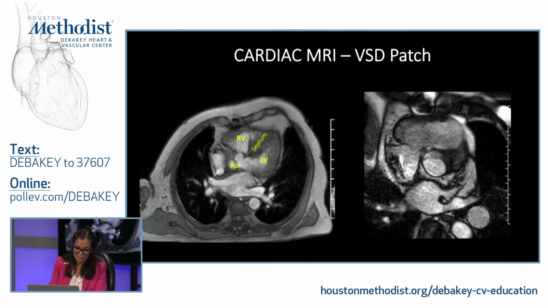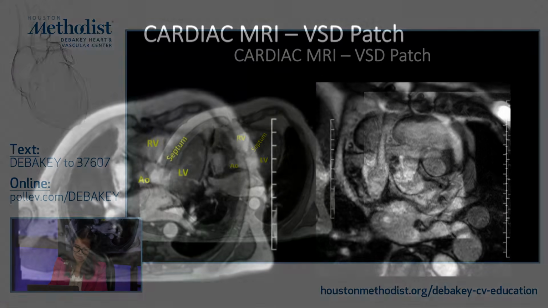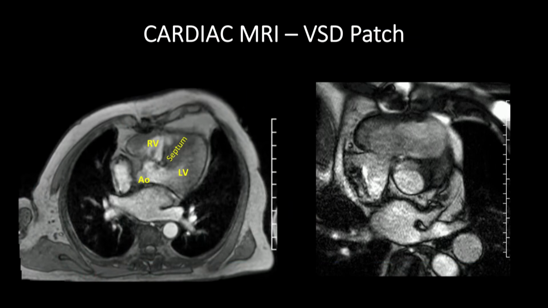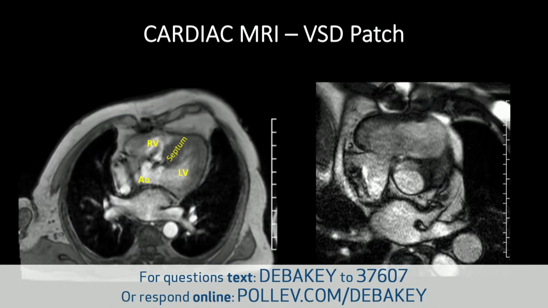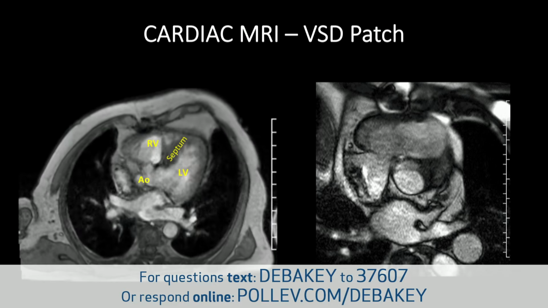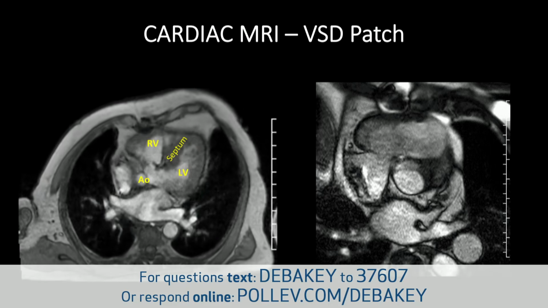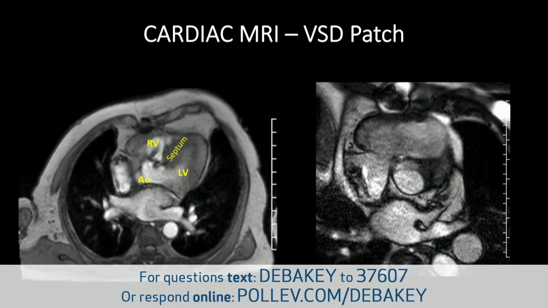So you can see it here again. You see the left ventricle, the LVOT. If you follow the septum up, you see where the crest of the septum ends and where the patch is. You see the aorta clearly overriding the septum here, and you see that jet going from the LVOT to the RV, right?